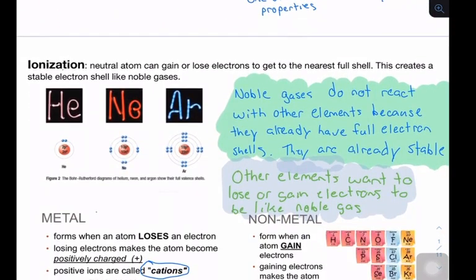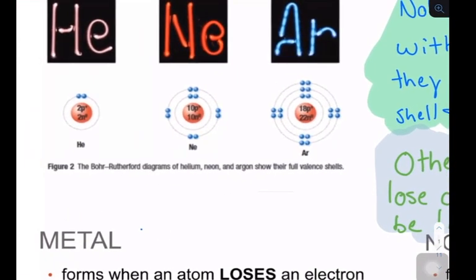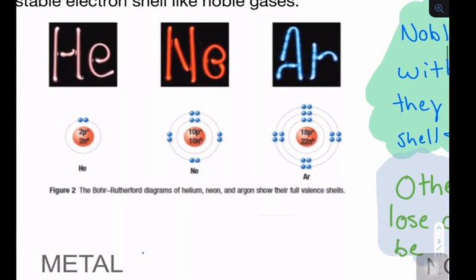This is why the noble gases in group 18 don't react with other elements, and it's because they have a full outer shell. Helium's a little different because it has a full outer shell of 2. Remember that the first shell only has 2.